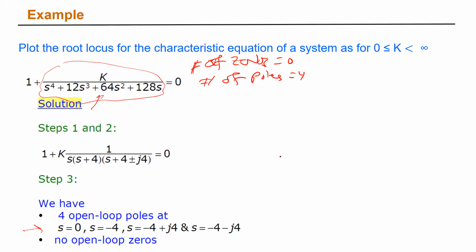So let me locate them. I will have one pole here, one pole at -4, and the conjugate. So which parts of the real axis will be on the locus? From 0 to -4.